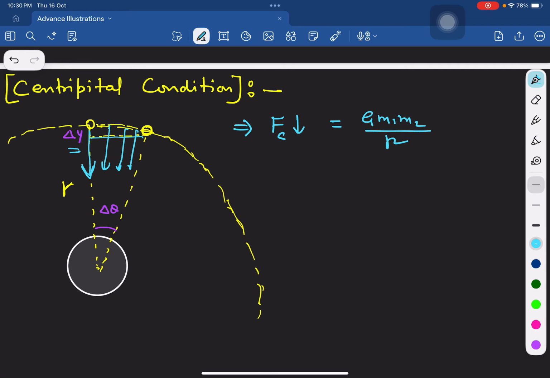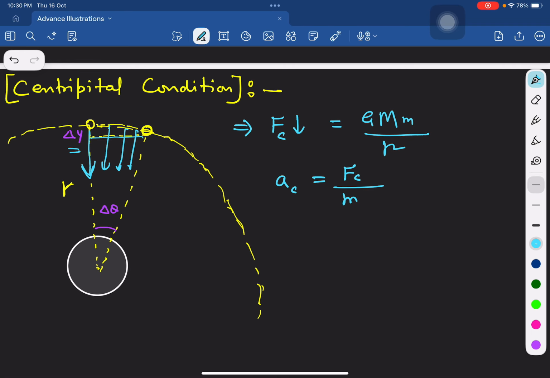So let me write it this way. Guys, G M m divided by r square. Now guys, the acceleration towards the center that the particle was having is the force towards the center divided by the mass of the body, meaning the mass of the moon.